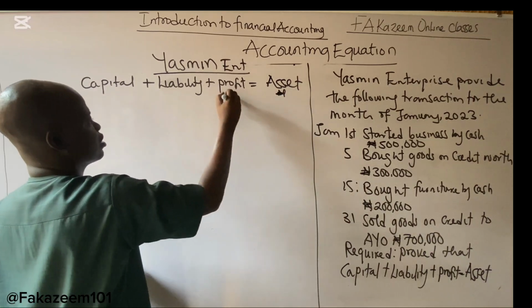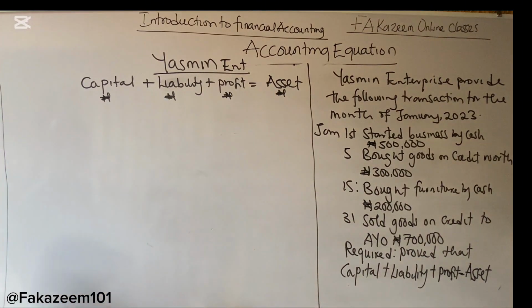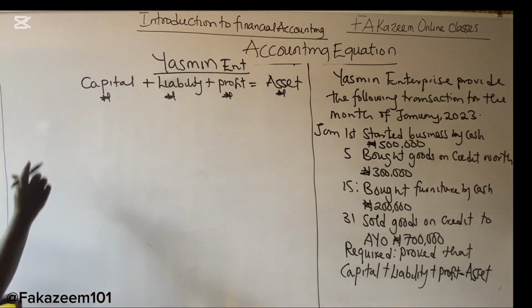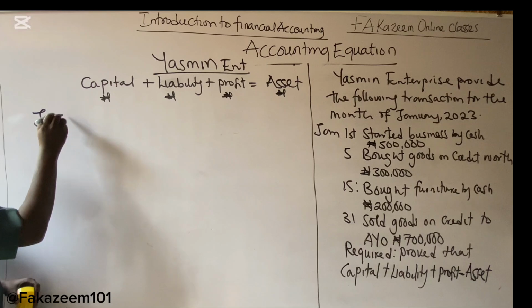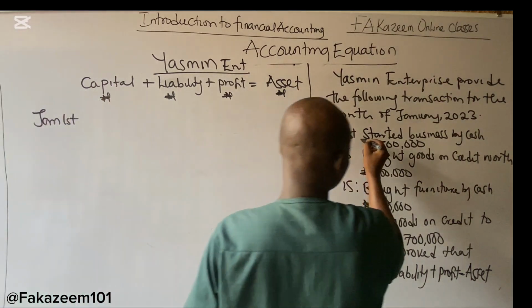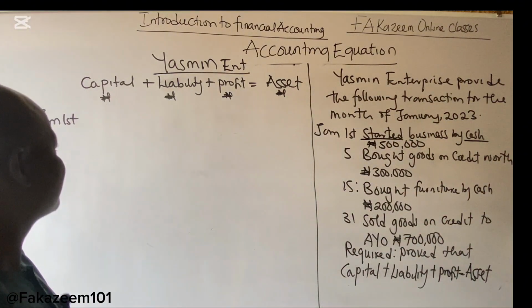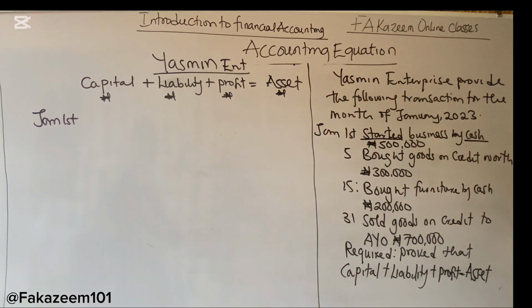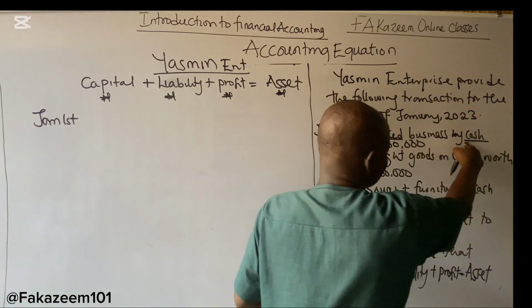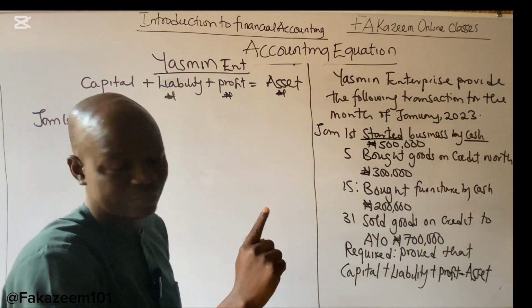We give it naira, naira, naira, naira. Let's prove this. It requires explanation, so please pay attention. On January 1st, we started business by cash. Started here stands for capital. We will first identify the two accounts in each of the transactions and where they are classified.